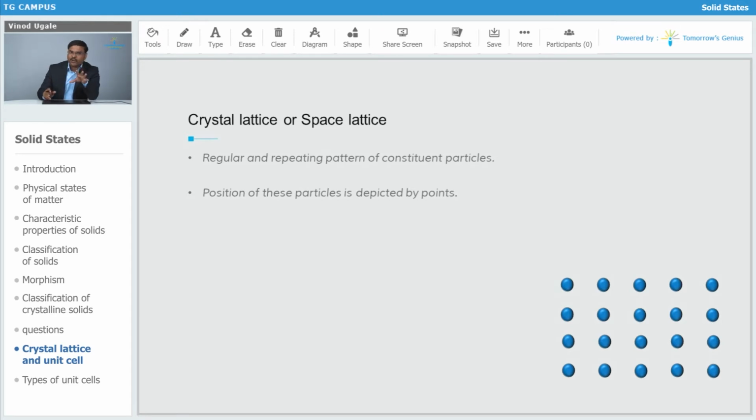Though while drawing on the PPT, the notebook or the whiteboard, you are going to draw the constituent particles as circles. We can draw only in 2 dimensions, but while drawing that you should consider them as spheres, which are 3-dimensional entities. So the constituent particles of a solid substance, we are going to consider them as spheres.